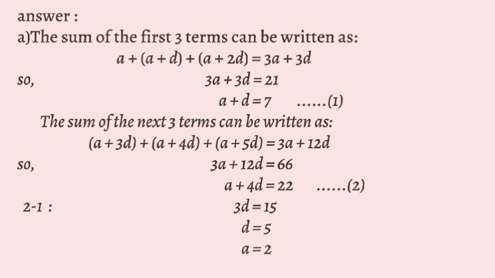The next step, we subtract the first equation from the second equation, so 3d equals 15. Dividing by 3, we get d equals 5. We put d equals 5 into the first equation, so we get a equals 2.